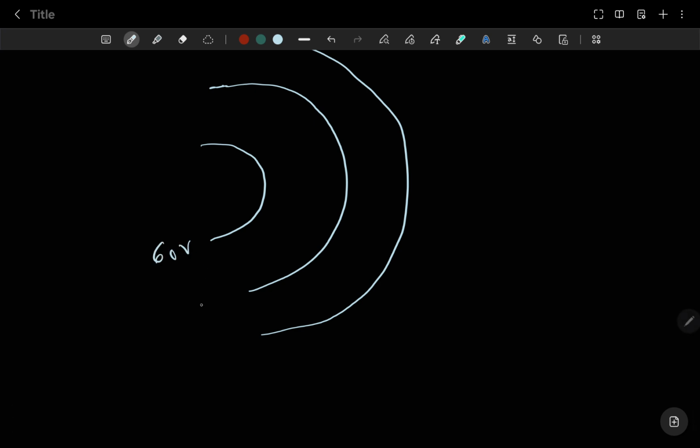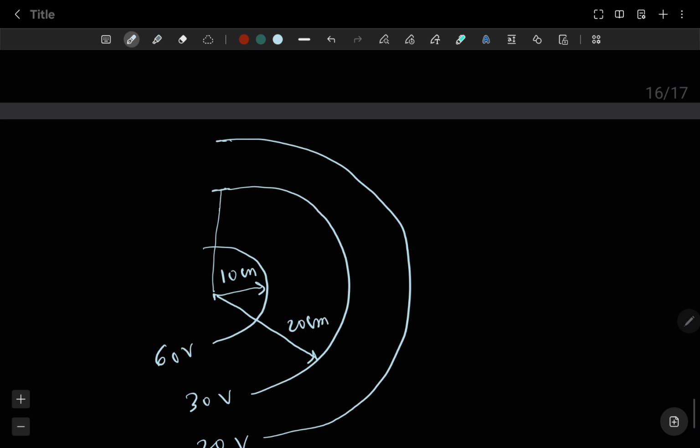Here is this 60 volt, this 30 volt, this 20 volt. This is 10 centimeter, this is 20, and this one is 30.